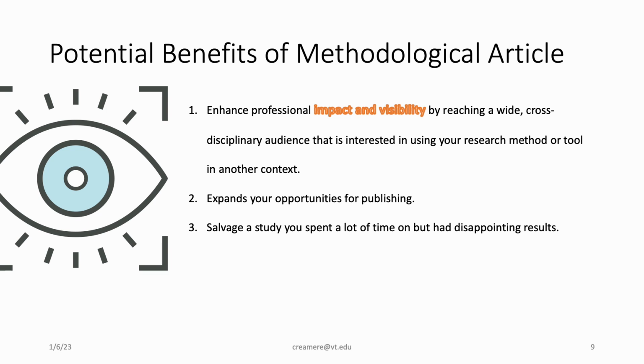The final one, and some people think this is not a good use, is that there are certainly plenty of strong examples of methodological articles that are produced to explain, for example, why a hypothesis is not proven, or to explain why something did not prove to be as effective as expected.